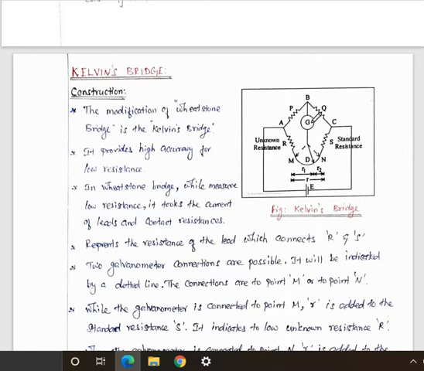Here the galvanometer is connected between the lead of the resistance wires R and S. So the galvanometer wire should be placed either here, maybe at M and N, or otherwise at D. So some additional resistance will be added into the circuit. That resistance is mentioned as small r.